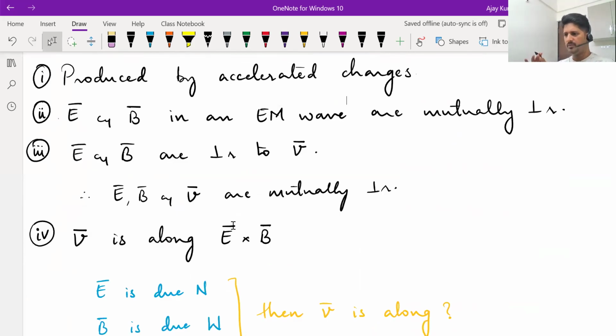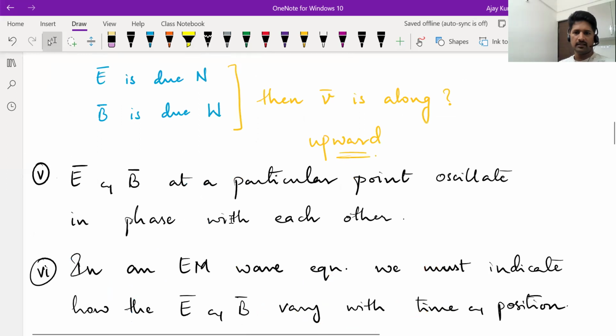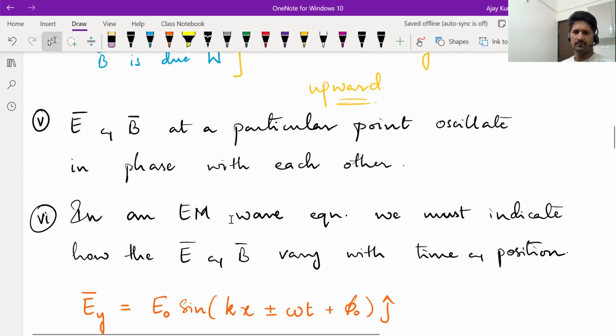So E, V, and B are all mutually perpendicular. In fact, the direction of propagation is shown by E cross B. Next, electric and magnetic fields oscillate in phase with each other. So when one reaches the positive extreme, the other also will be at the positive extreme, strongest. When one becomes zero, the other also will become zero at the same time.